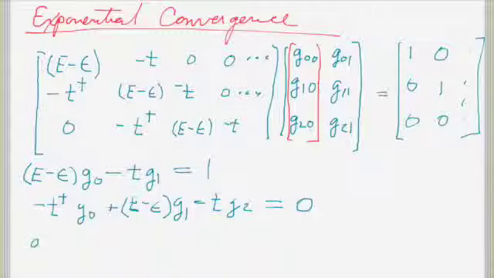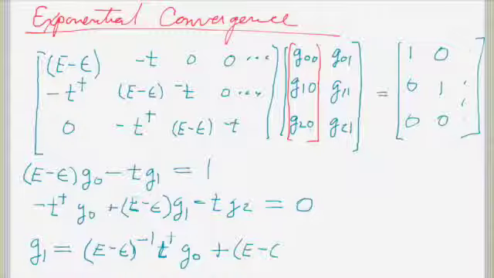So G1 is equal to (E minus epsilon) inverse T dagger G0 plus the same (E minus epsilon) inverse T G2.